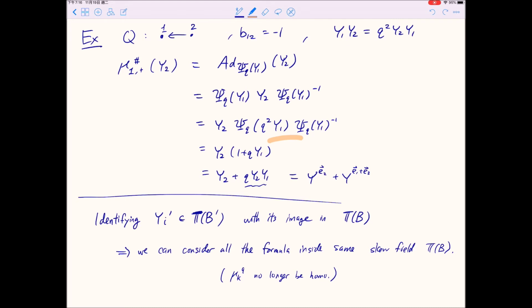So how do we implement such an identification? Basically, we translate all the variables in the different seeds back to the original seed by the mutations. So this leads to the definition of quantum seed. Inductively, we want to compare with the previous classical notions. So a quantum seed will be a pair of the exchange matrix and the non-commutative variables.